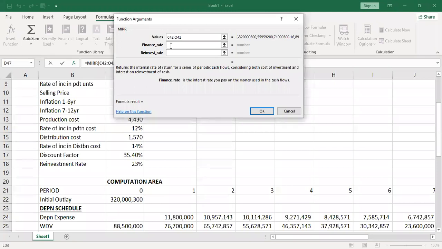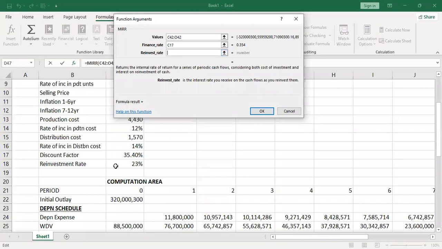Okay, finance rate is the discount factor. So go and click on the discount factor, which is 35.4. And then you click on the reinvest rate.